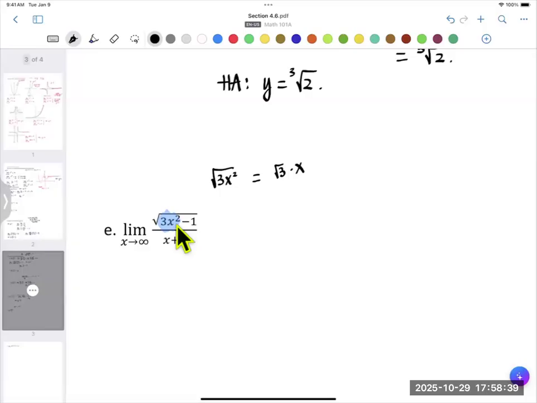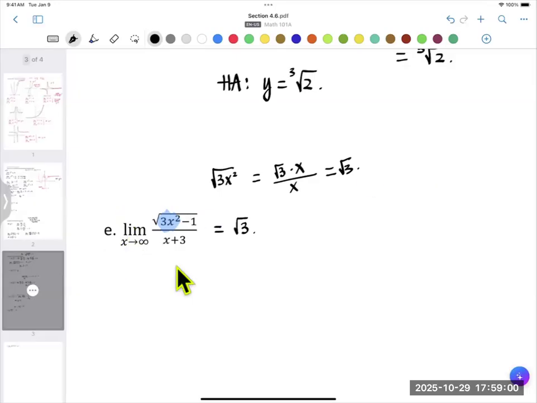Okay, we don't need the absolute value because our x is approaching positive infinity. So if you have square root of 3 times x and divide by x, this will give you the horizontal asymptote, which will be square root of 3. So the answer will be square root of 3.